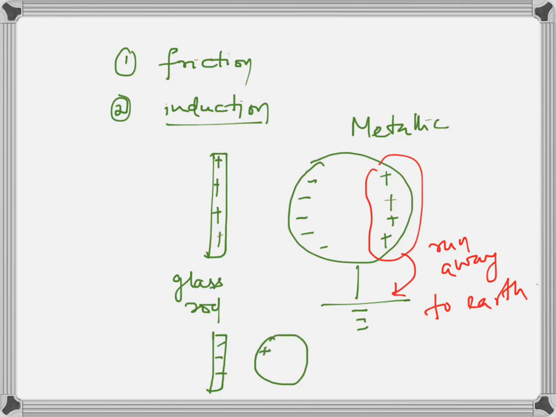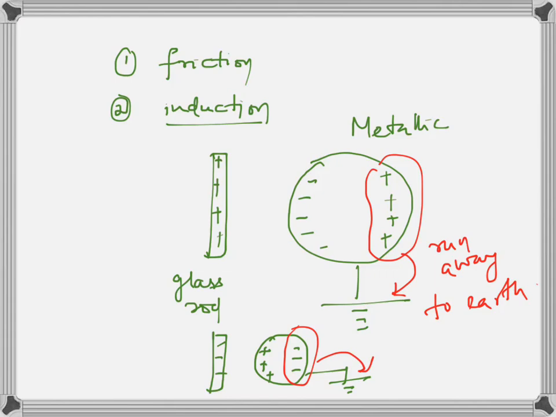So this side will be positive because this negative charge repels electrons, and that side will be negative. Now if I connect this to earth, these negative charges will in fact go to earth. So always the charge on the metal will be opposite to the charge on the rod.